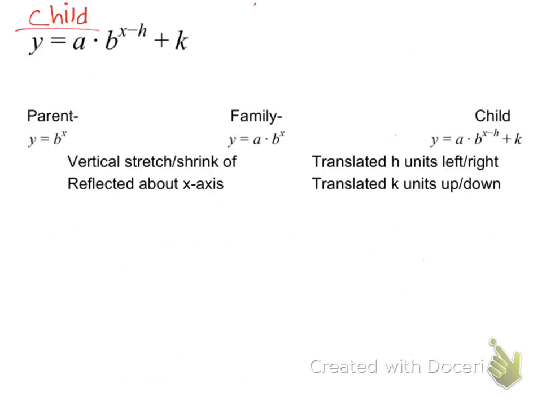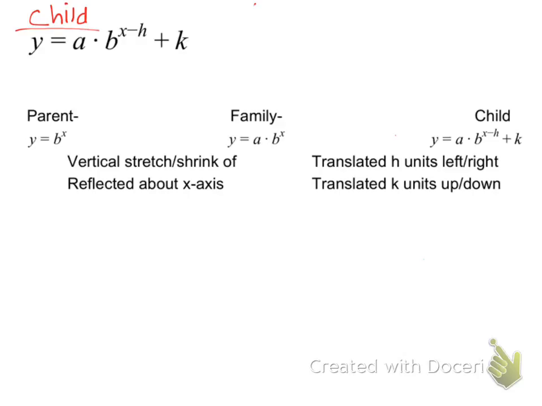So, here it is. This is what I call the child. You guys have the parent, and now we're given a child, and the child is y equals a times b to the x minus h power plus k. Now, what's the difference between a child and a parent?